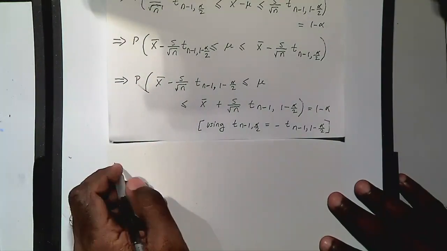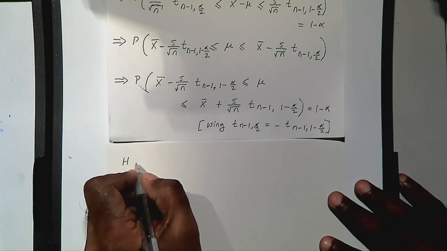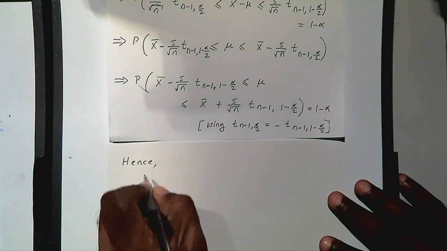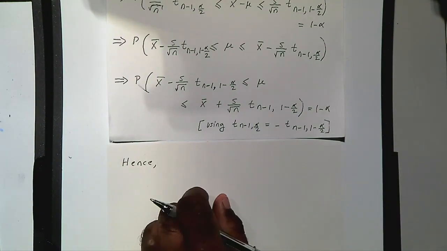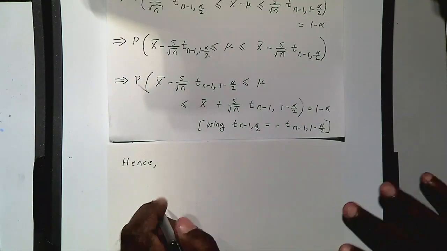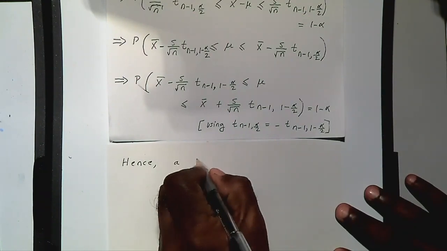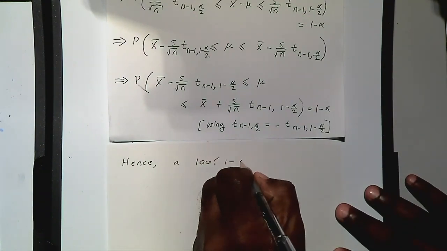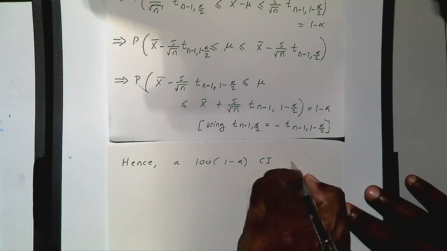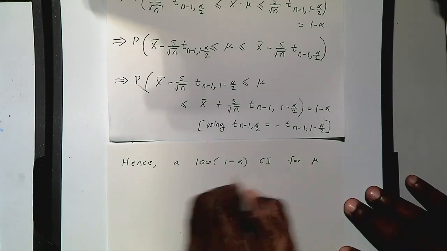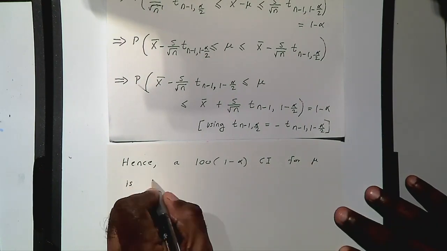So what we can now say is the following, that hence, because of this statement, a 100 times 1 minus alpha confidence interval for mu is the following.